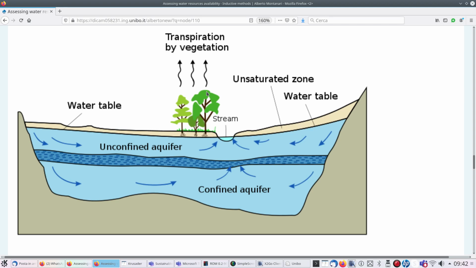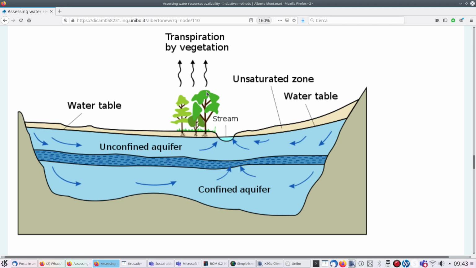But also the capability to store water depends on permeability, which is the capability of water to move into the material and to occupy the voids, which means that voids must be connected. If the voids are not connected, then of course they cannot be reached by water.